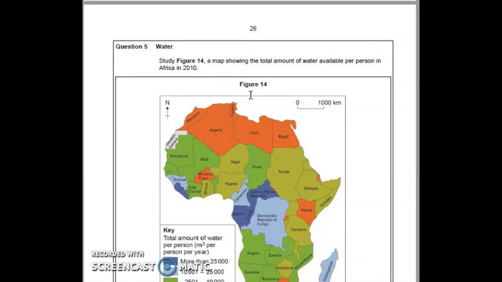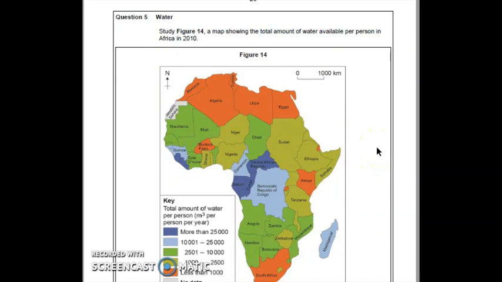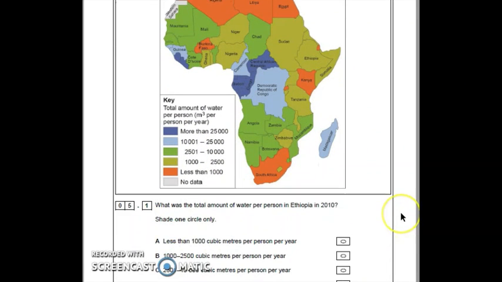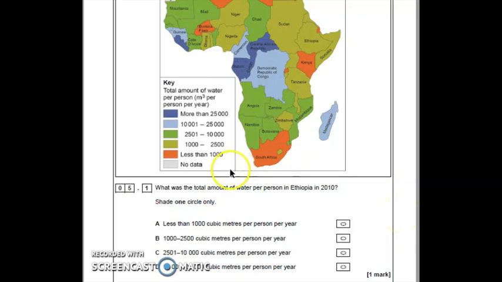This is our water section. You've got a map of Africa, and it sort of shows you how much water is available per person in Africa in 2010. You've got all different colours, again, another choropleth map to represent the information in the key. So 5.1, it's a multiple choice question.